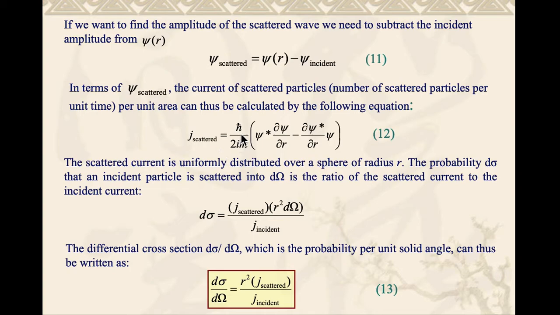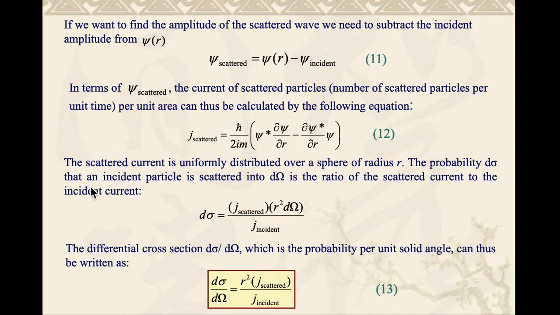J scattered is h cross by 2im into psi star dou psi by dou r minus dou psi star by dou r into psi. And this is an equation from quantum mechanics.